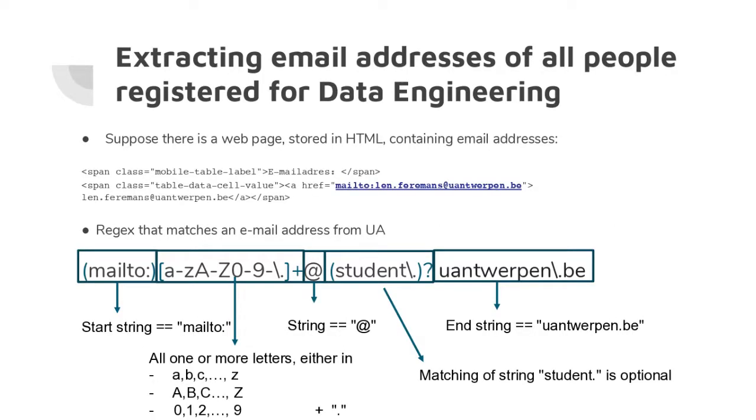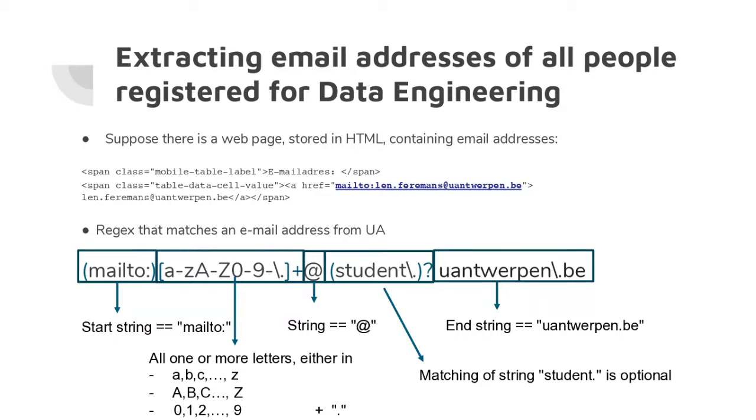So here's a more complex example. Suppose we have a web page and it contains email addresses of several students and teachers. You have this HTML file, it contains a lot of details, but you're only interested in extracting email addresses. Here, actually, it's links to email addresses.